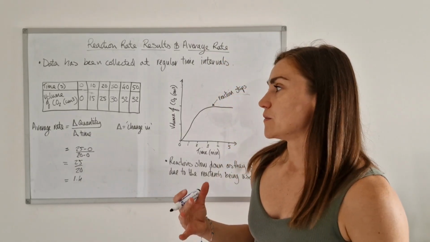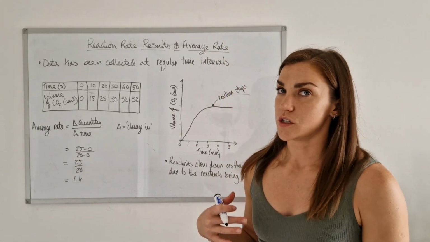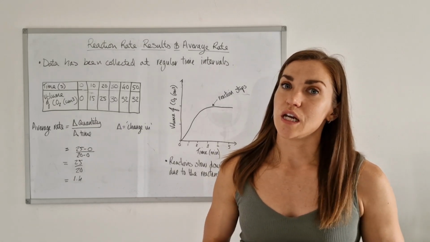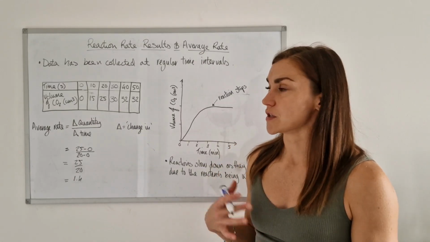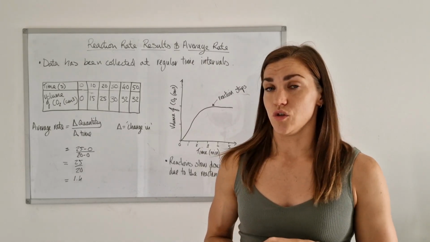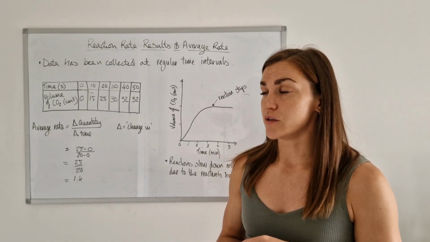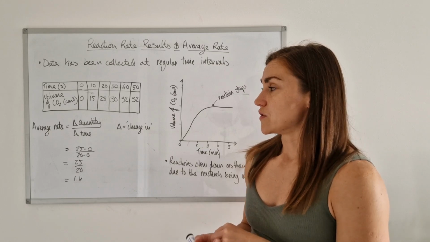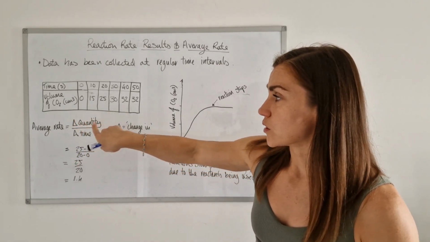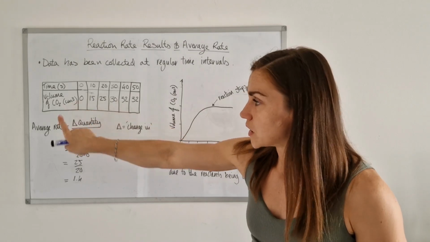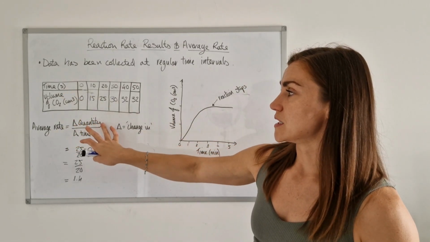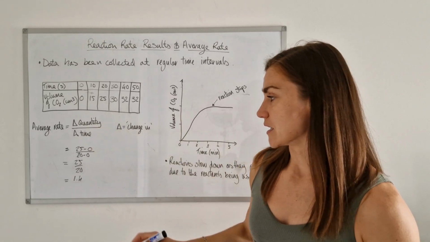Now, when it comes to the units, normally the question in the exam will give you the units, so it would say calculate the average rate in centimetres cubed per second. However, if you aren't given the units, it means you get a mark to work them out. All you have to do is do the quantity unit per the time unit. Our quantity unit was centimetres cubed, our time unit was seconds, so the units for this would be centimetres cubed per second.